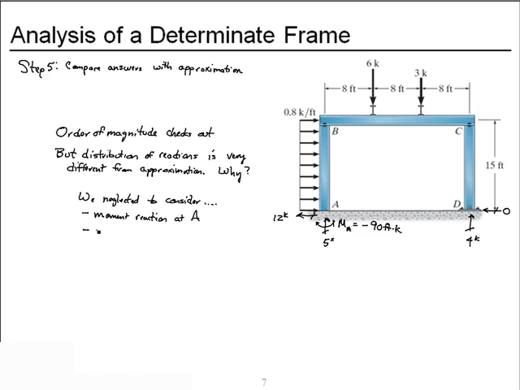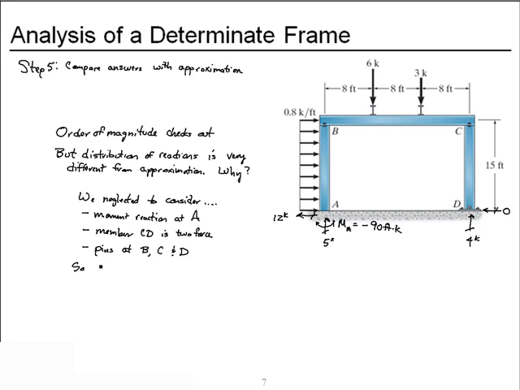We neglected that member CD is a two-force member and therefore would have no horizontal contribution at the reaction. And we neglected the pins at B, C, and D.